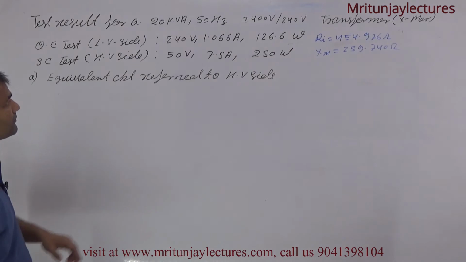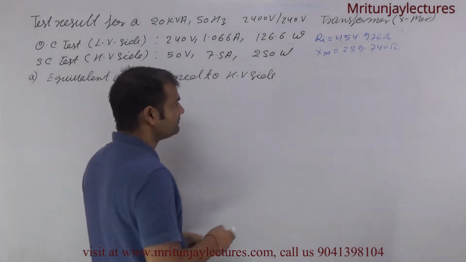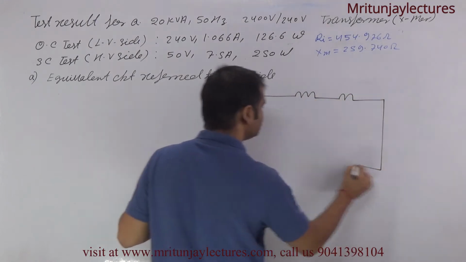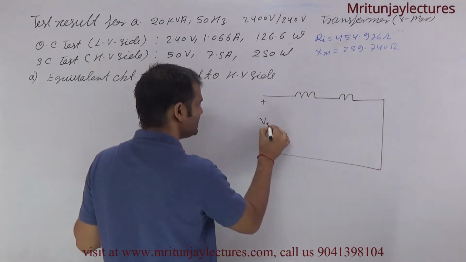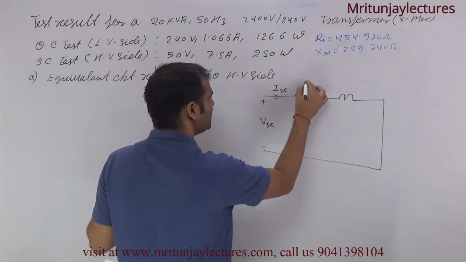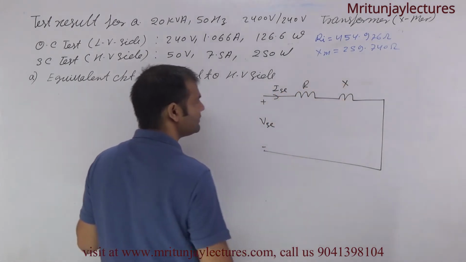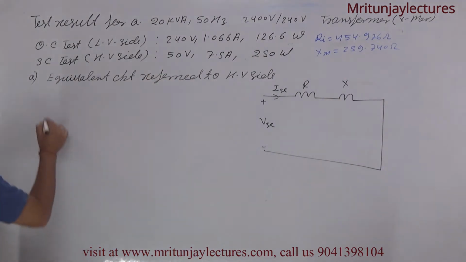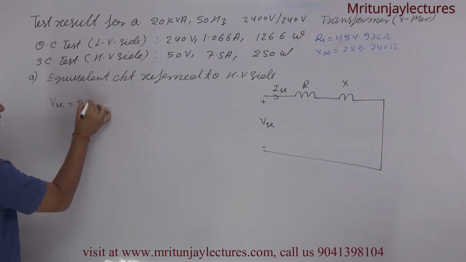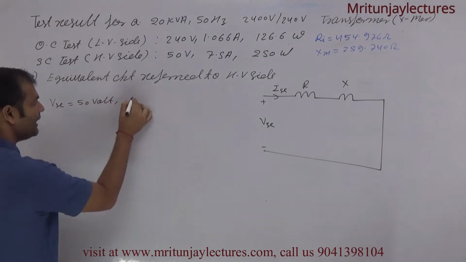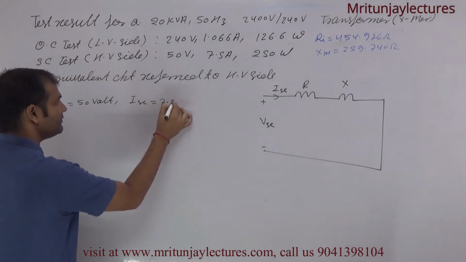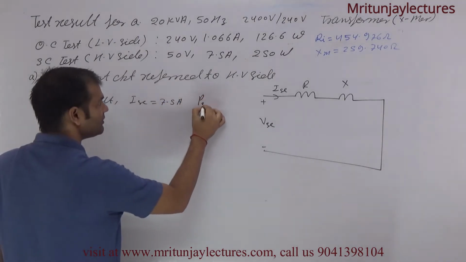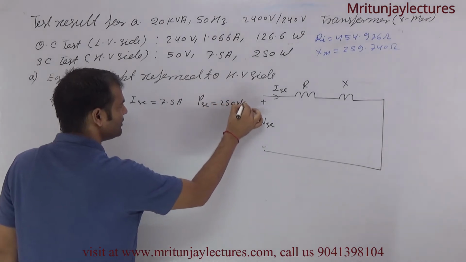First of all, this is the short circuit test data: Vsc, Isc, R and X. Short circuit voltage is 50 volt, Isc is equal to 7.5 ampere, and PSC is equal to 250 watt.